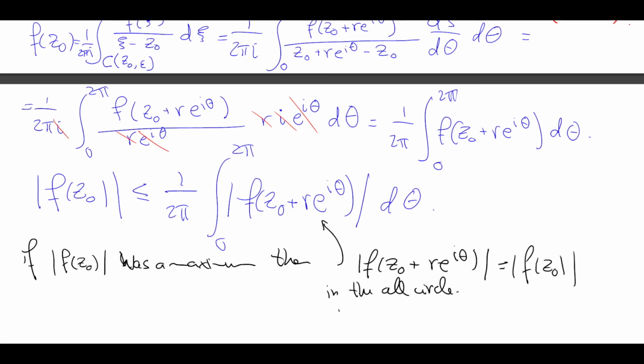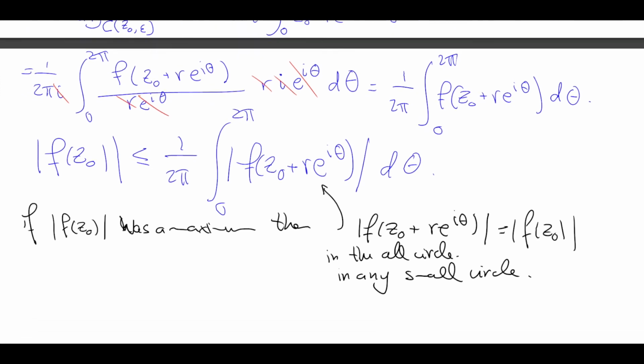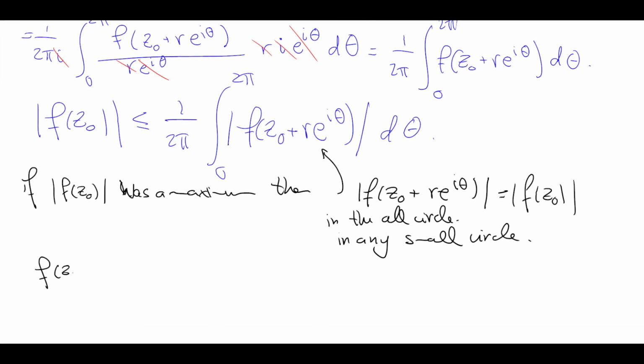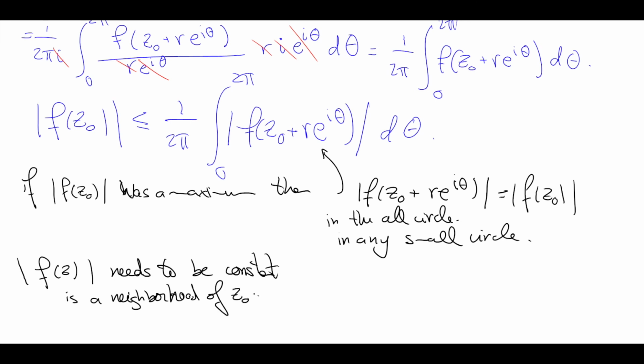Moreover, this holds in any small enough circle, because I can always take epsilon smaller and everything works. So this means that if it's a maximum, then the absolute value of f needs to be constant in a neighborhood of z0.